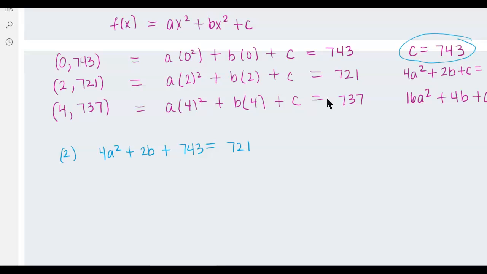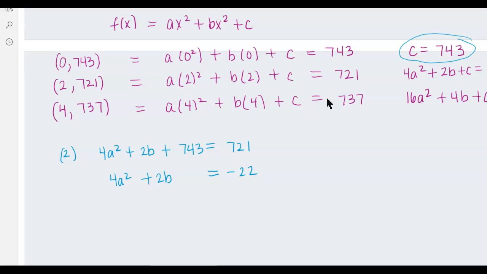Subtracting 743 from both sides, 4a plus 2b equals negative 22.